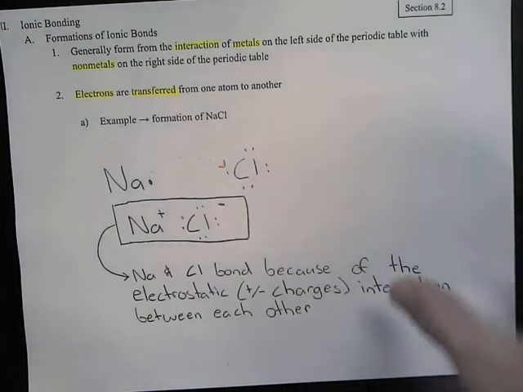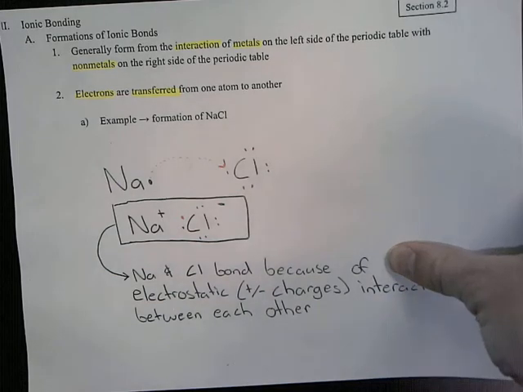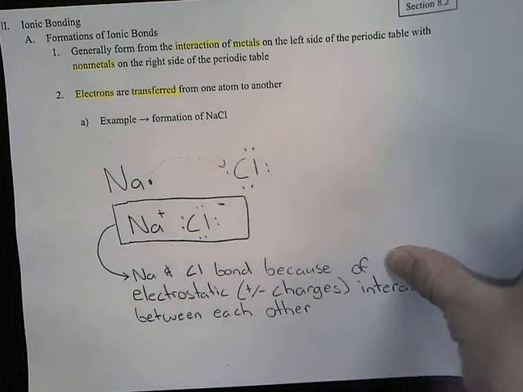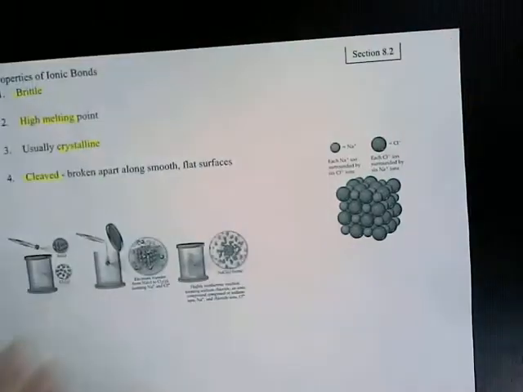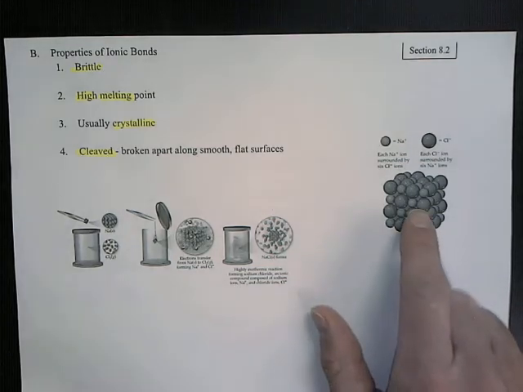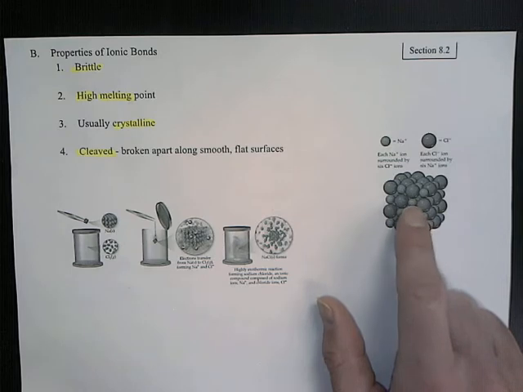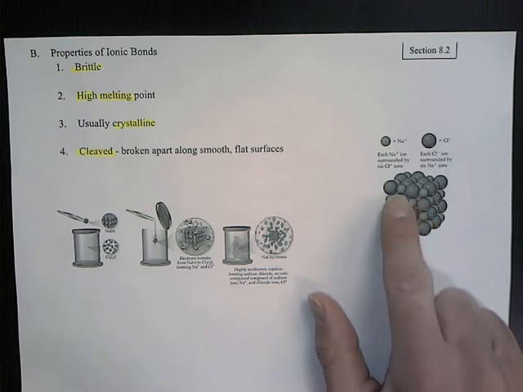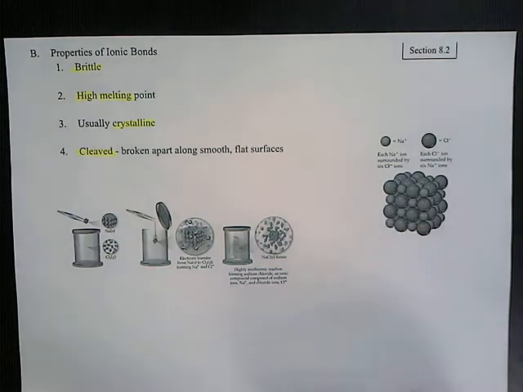So that is what's happening there on the electrostatic front. Okay, so what we'll transition to now is these properties of ionic bonds. So we saw the basics of how those ionic bonds form. Now we get into these properties, but what I want to direct your attention to is this. We just went over one formula unit of sodium chloride. Most of the time when ions form, they're going to do so in multiples.